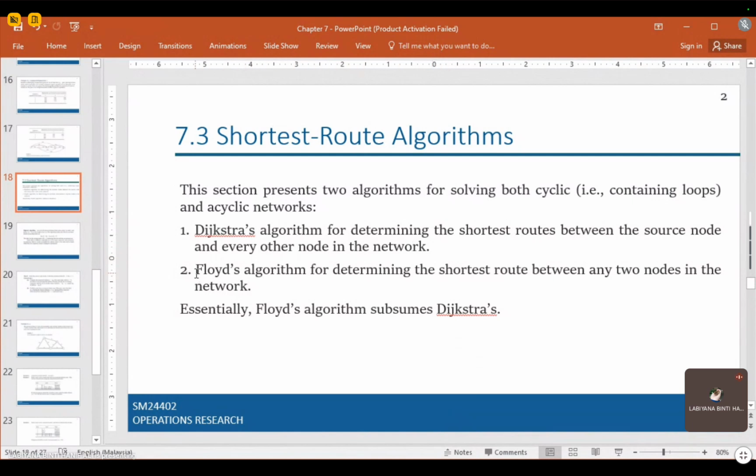The second one is Floyd's algorithm. Do you have any question?